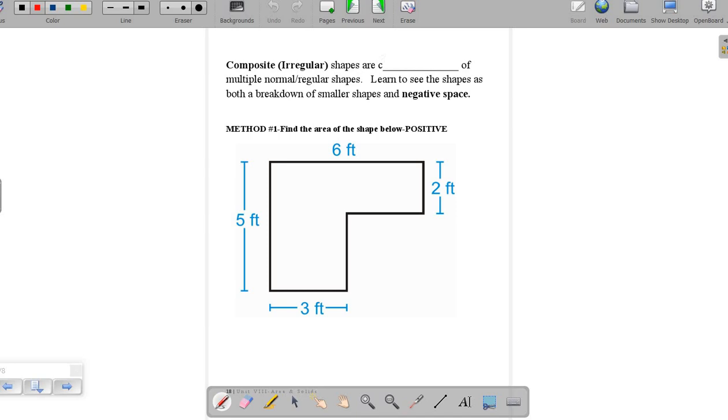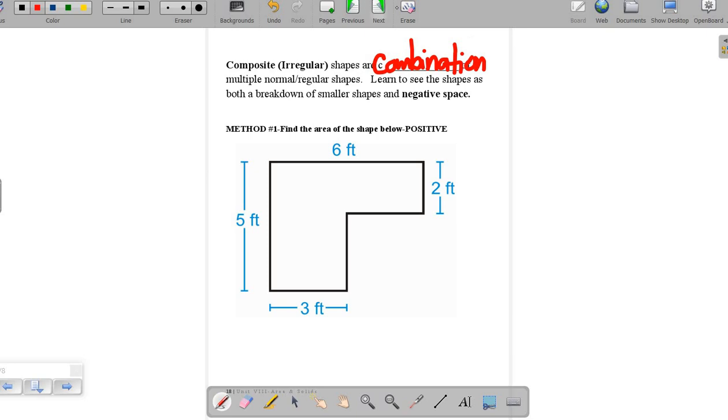Composite shapes are a combination of normal and regular shapes. You need to learn to see the shapes as both a breakdown of smaller shapes and something called negative space.